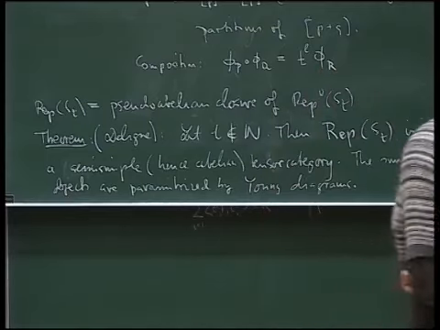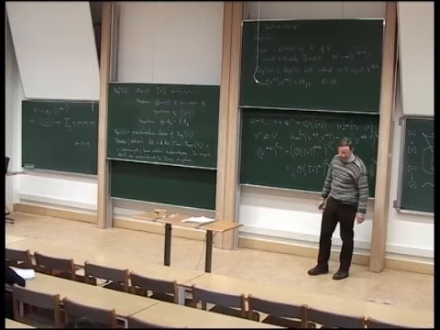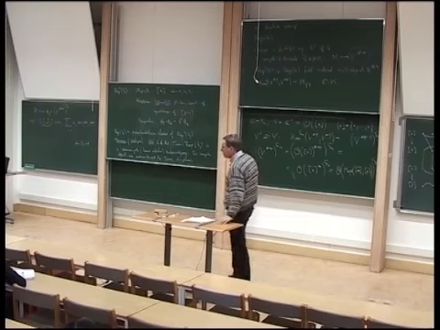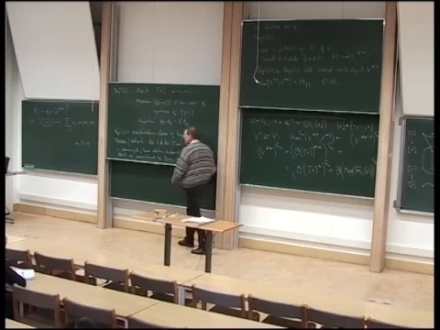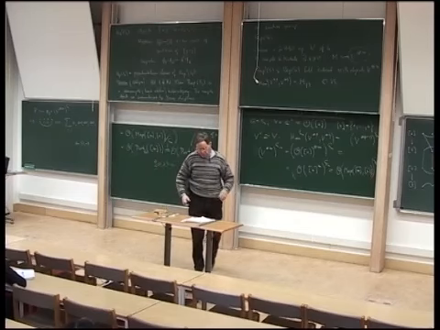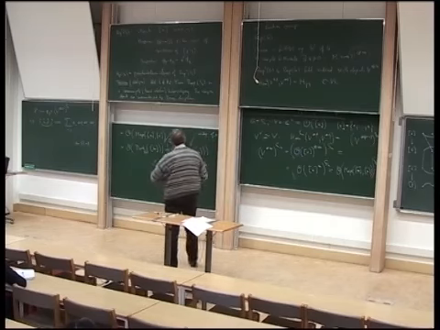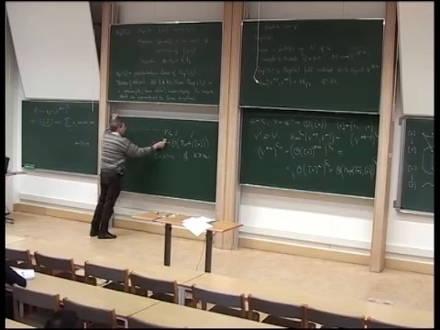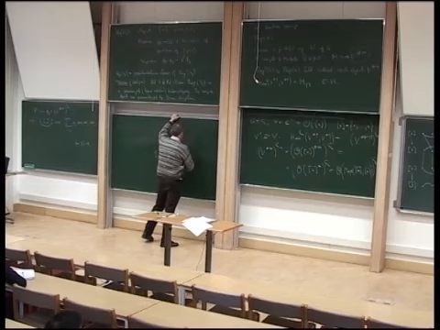Remember the simple objects of Rep S_n are parameterized by Young diagrams with n boxes, but here is no constraint. These are just any number of boxes. So now I want to generalize this and make it, at least for me, it became then much clearer what's going on.